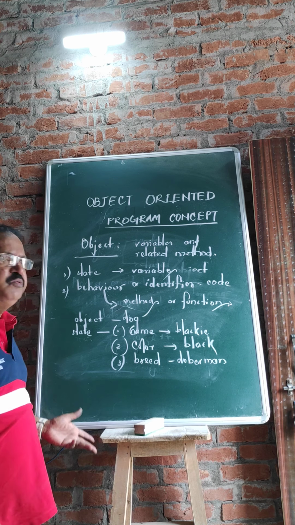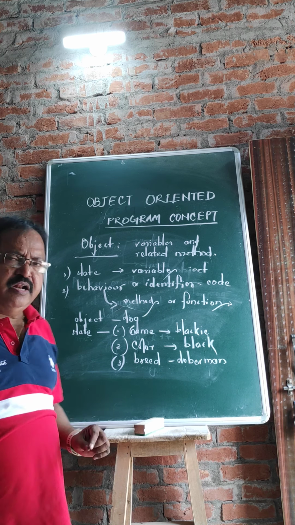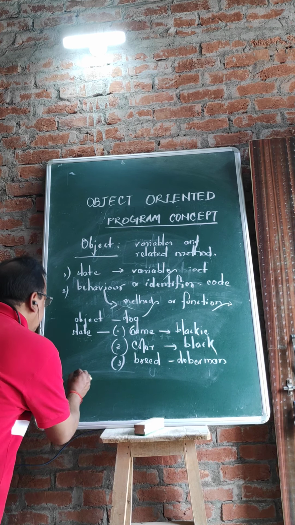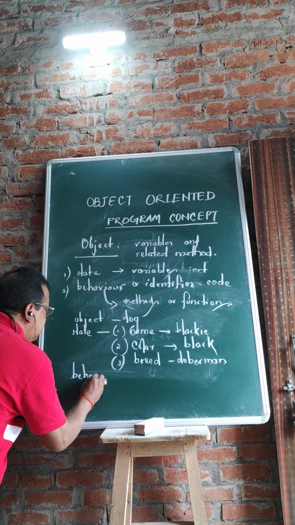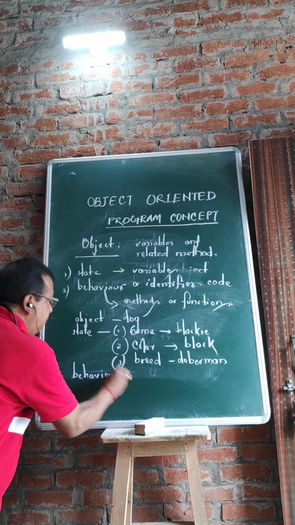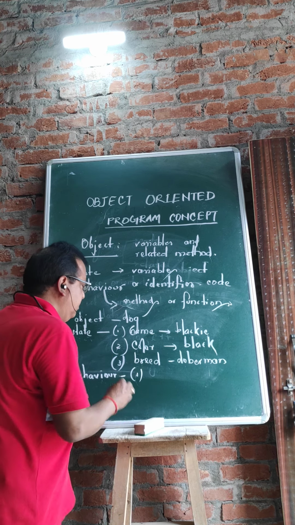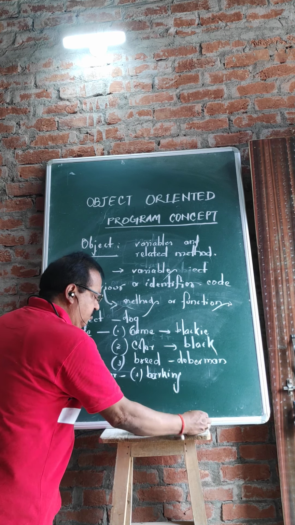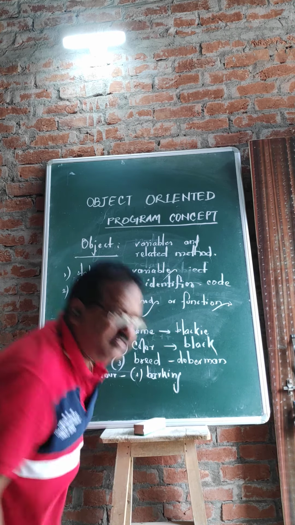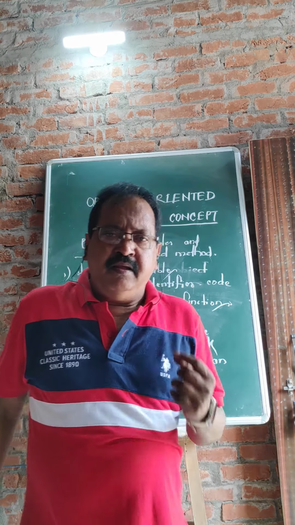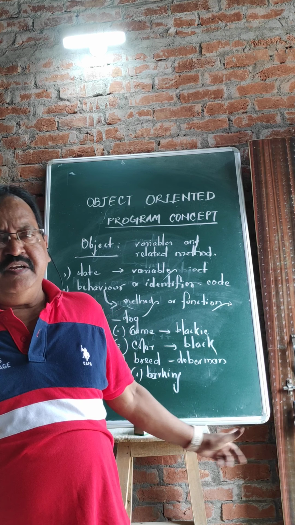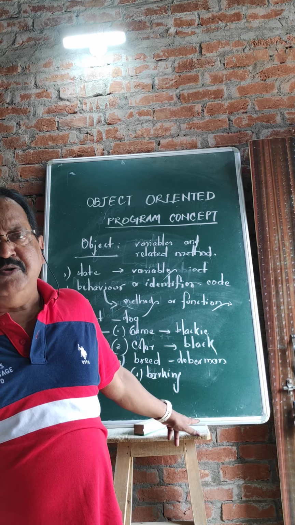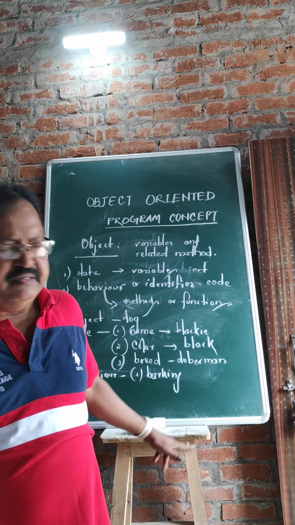Let us see how its behavior is implemented. I told you that behavior is implemented through methods. Now, behavior. For example, barking. Students, this is a method that describes the behavior of an object called a dog. Barking is a method by which it expresses its behavior.